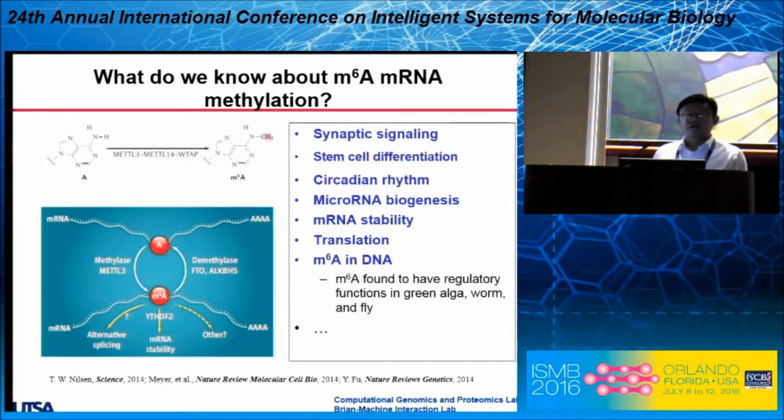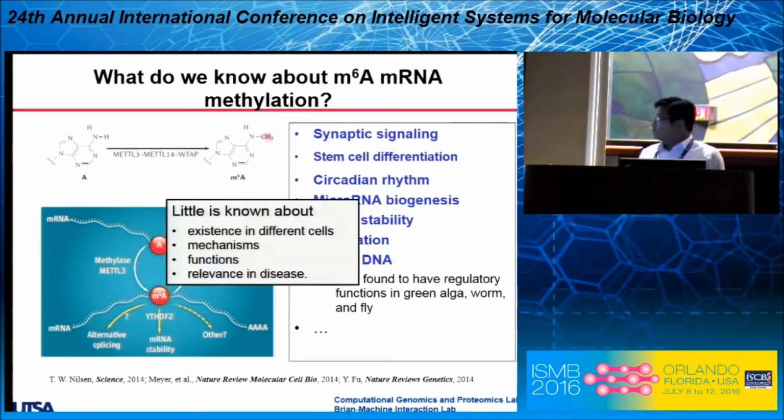So they are demethylases. And in order for methylation to carry out its function, it requires the so-called readers. Readers are a set of methylation recognition proteins. Now we know the YTH domain proteins function as readers to facilitate subsequent functions like alternative splicing, mRNA stability, and so on and so forth.